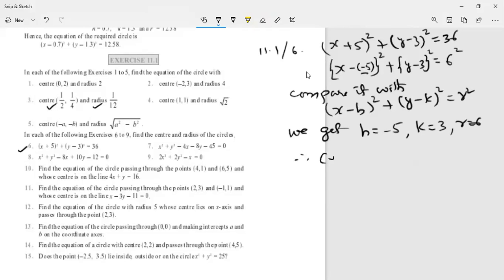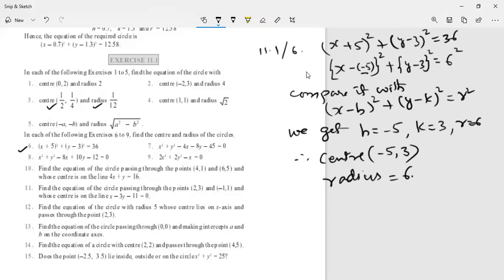Therefore, the required center is (minus 5, 3), and the radius of the circle is 6.